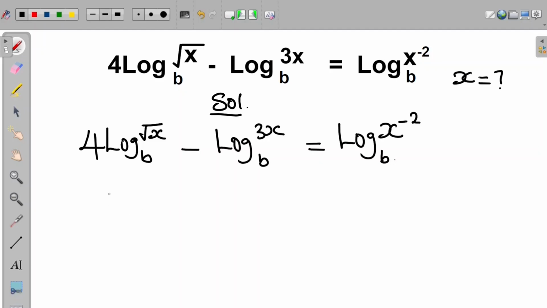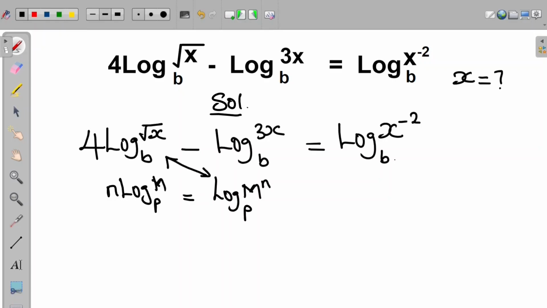Now at this point, recall in our laws of logarithm that if n multiplied by log m to base p, this can be expressed as log m raised to the power of n to base p. So at this point, we can apply this here.